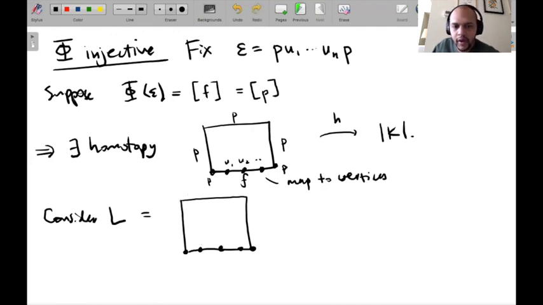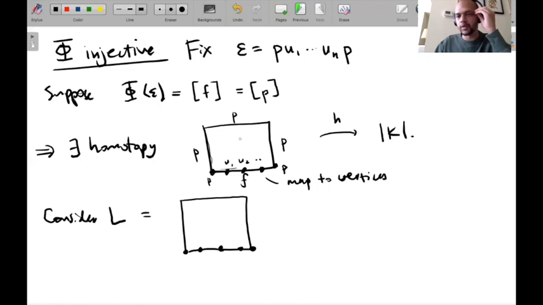If you're confused, remember that in this picture I'm labeling parts of this square with where they map to in K. So everything here maps to P, and then along this edge, this point maps to P, this point maps to U1, and so on.